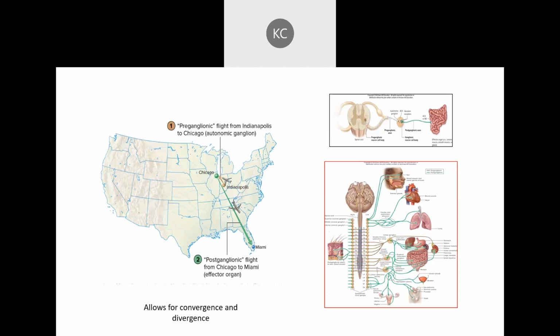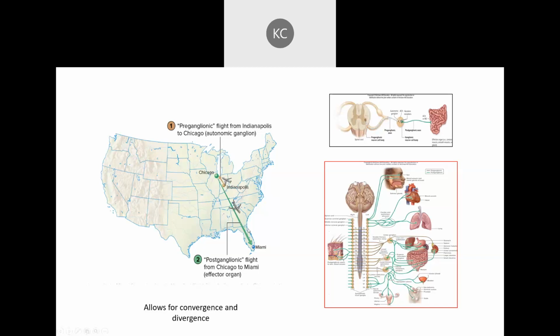Now, note that from Chicago, and they don't show it on here, you can't just fly to Miami, but you could also fly to New Hampshire or Maine. You could fly up to Montana, California, New Mexico, Arizona, Texas, Louisiana. You could fly anywhere in the country from Chicago. So this is representing this idea of divergence. There's also convergence. You can have multiple different neurons stretch out from a single ganglia.